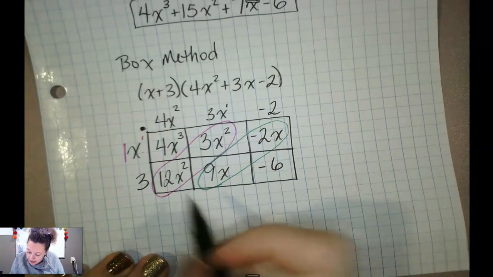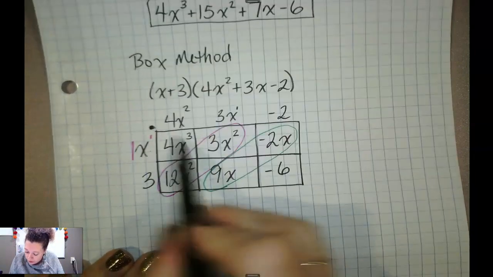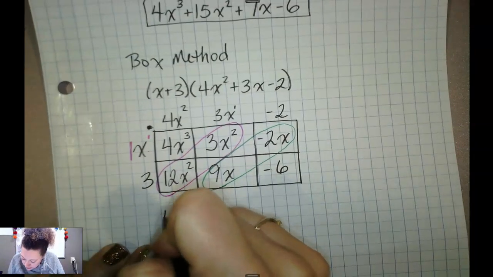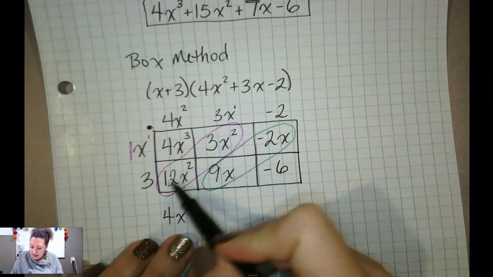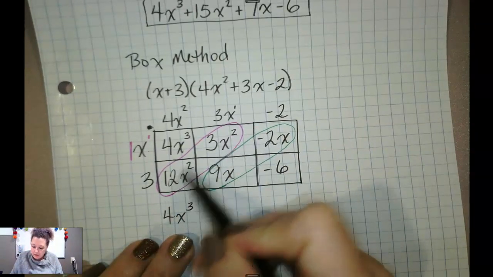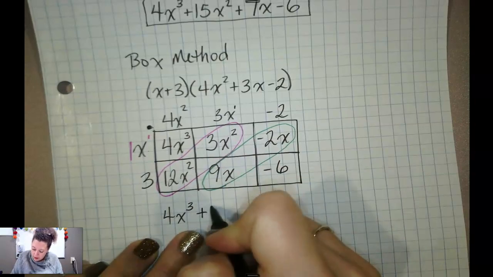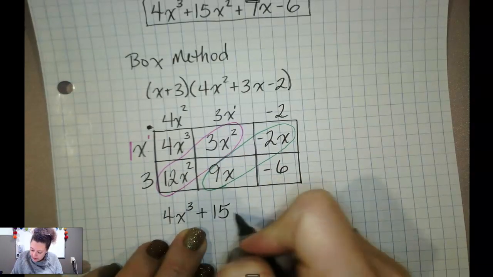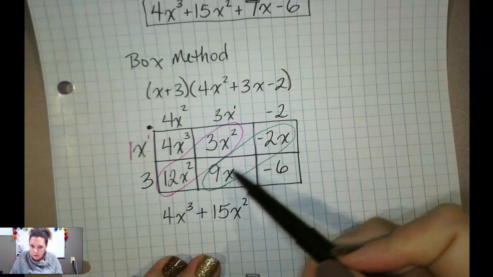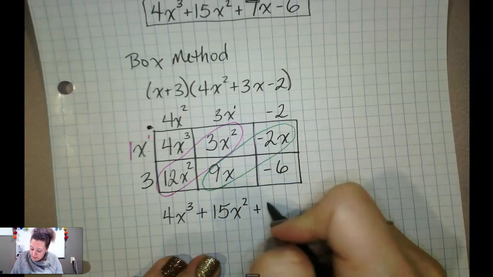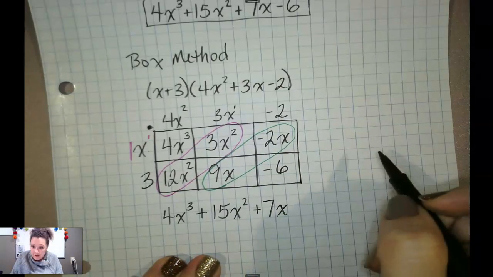When I'm writing out my answer, I'm going to start in the upper left corner. So it's 4x to the 3rd power. Then I can combine these together. They're both positive, so I'm just going to add the coefficients. 12 and 3 make 15, and then it's x squared. Then I'm going to combine these: negative 2, positive 9 is going to make a positive 7x.